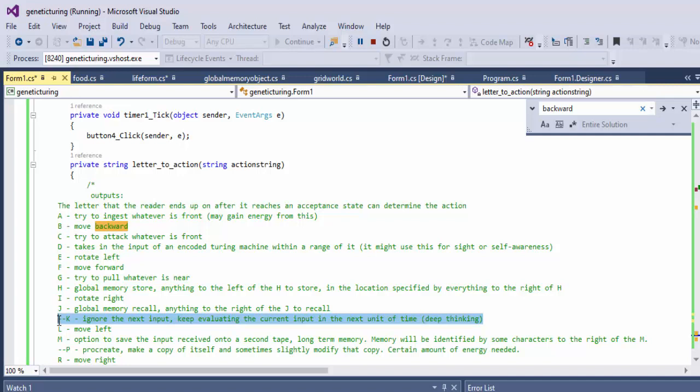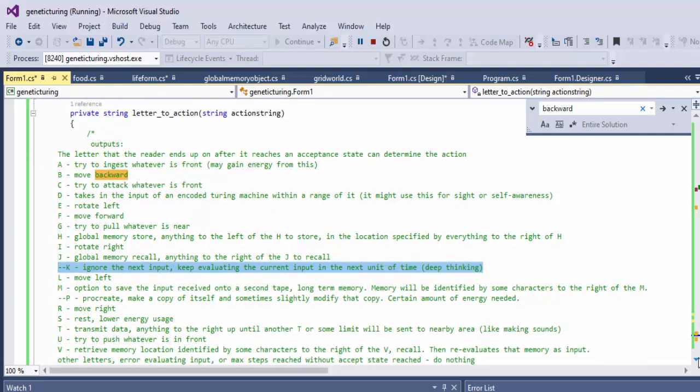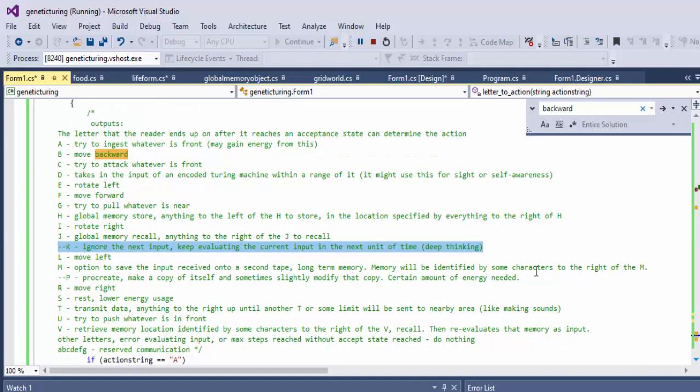They're only using a few steps in the Turing machine, so it's not a problem. This was another option I retired: giving them the choice whether they want to procreate or not.